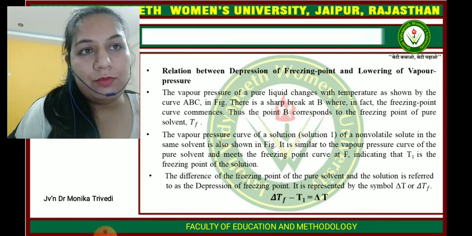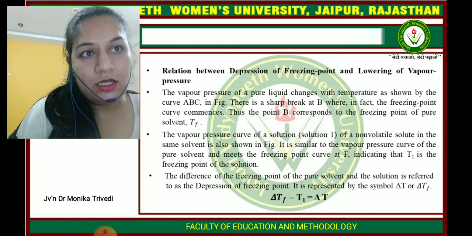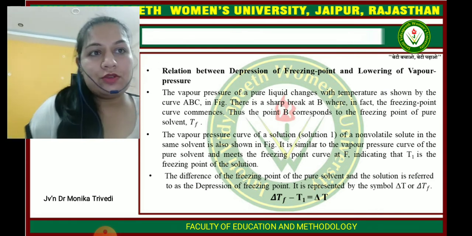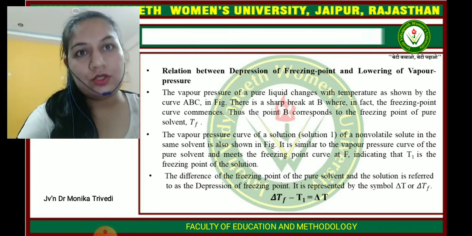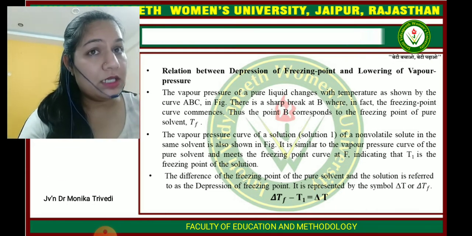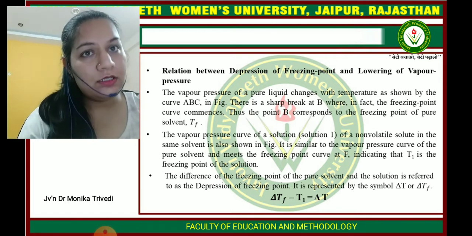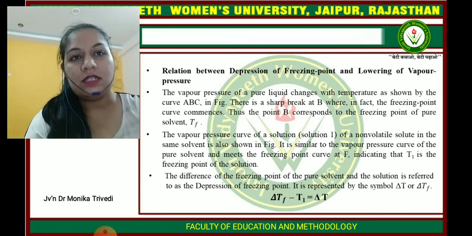There is a sharp break at B, which is in fact the freezing point. Point B corresponds to the freezing point of the pure solvent, represented as Tf, the temperature where the solvent freezes.